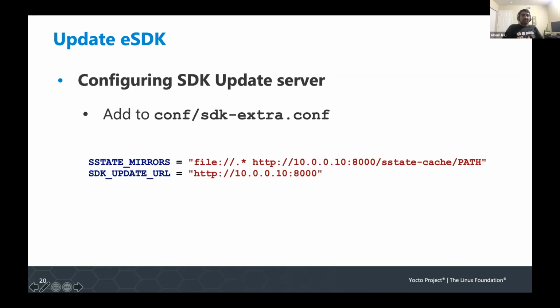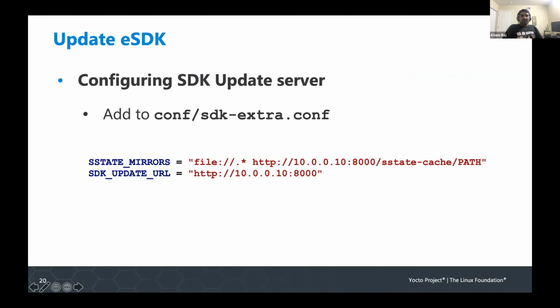Then you can set a sstate mirror and an SDK update URL. Once you set those up, they will be encoded into your SDKs, so your SDK is now tied back to the eSDK server.